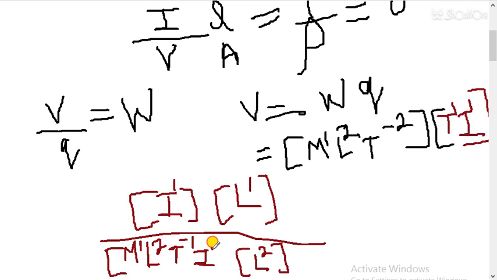So students, I1 gets cancelled out and you can say I becomes I0. So here L will also be L4. So it's the dimensions of electrical conductivity, that is sigma, equal to 1 by rho, that is 1 by resistivity.